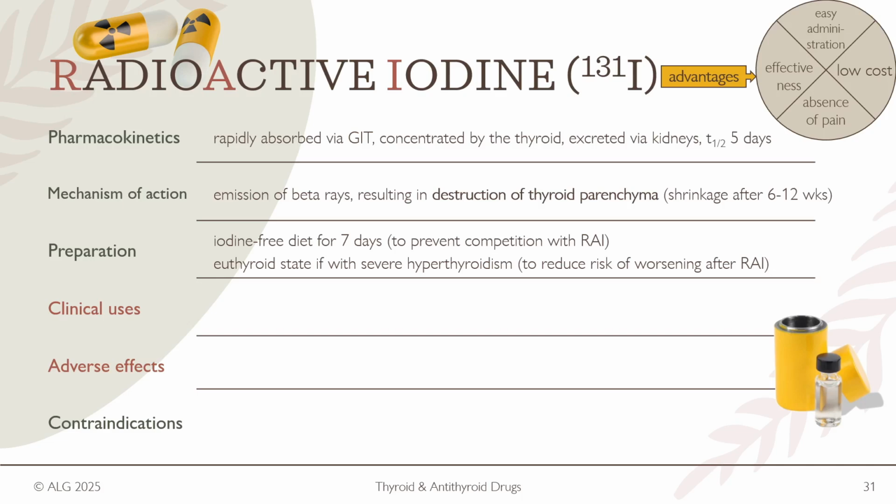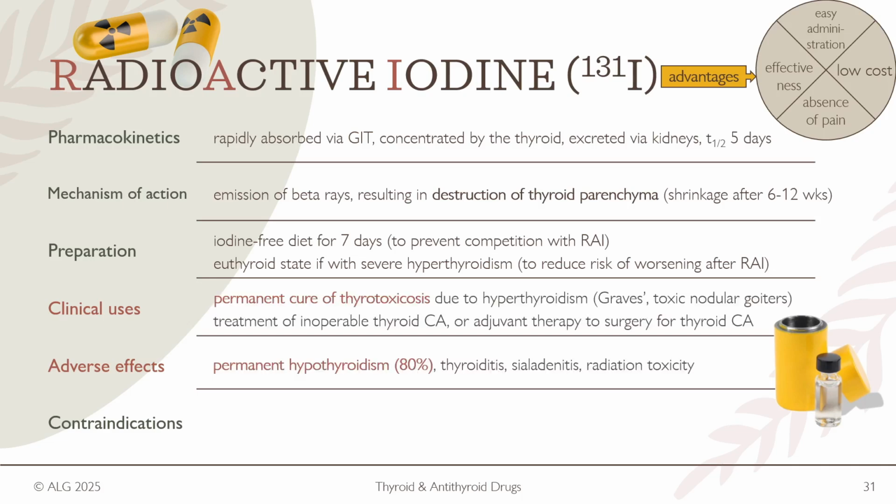Pre-treatment with methimazole to achieve euthyroid state may be done to prevent the progression of thyrotoxicosis to complications. Although RAI permanently cures hyperthyroidism, as many as 80% of patients will develop hypothyroidism, which in their case requires lifelong levothyroxine replacement therapy.